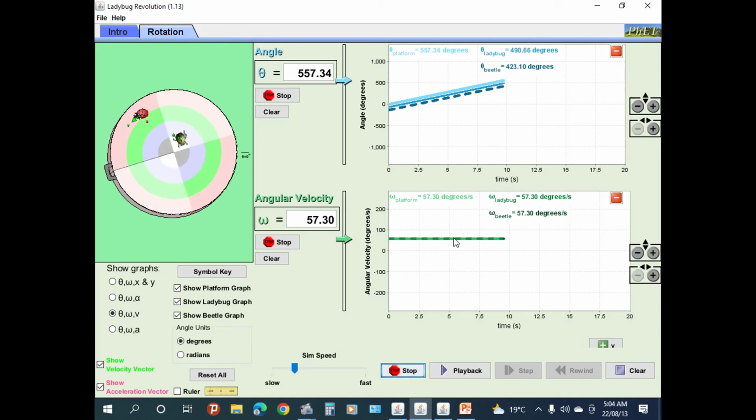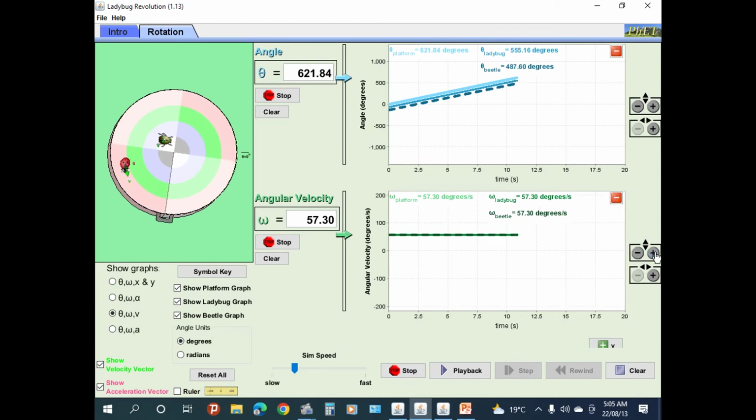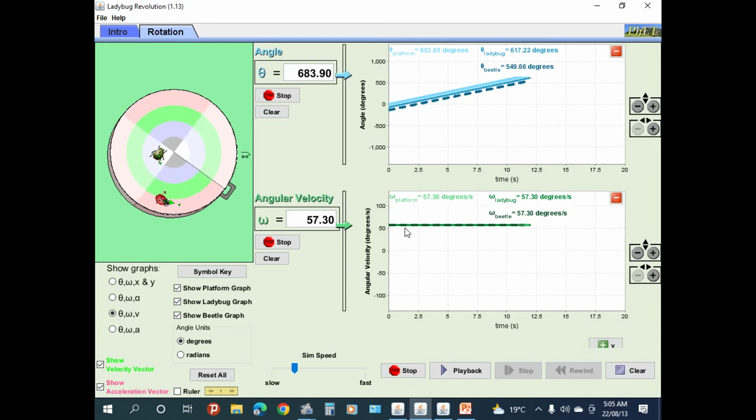Here it is 57.3 degrees per second. The graph of angular velocity over t is constant, a horizontal line parallel to the t-axis.